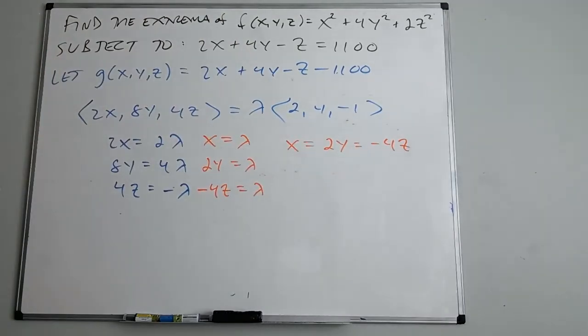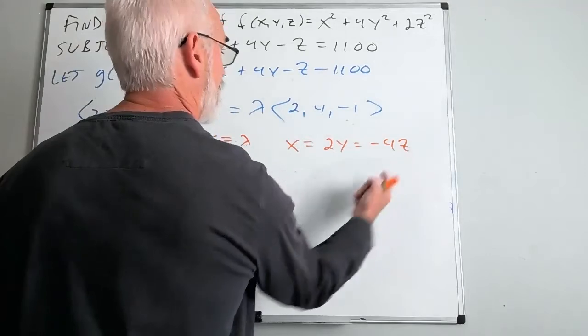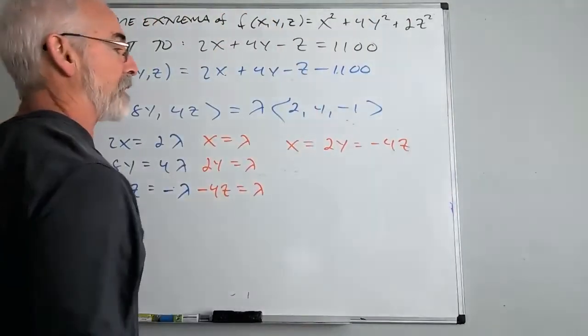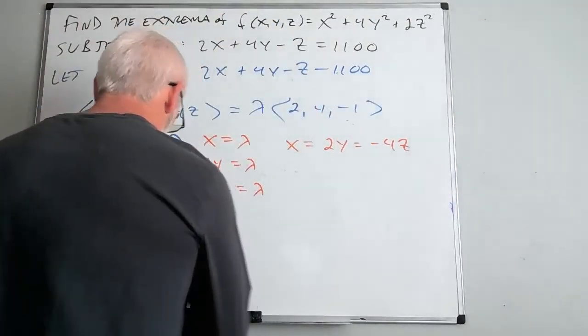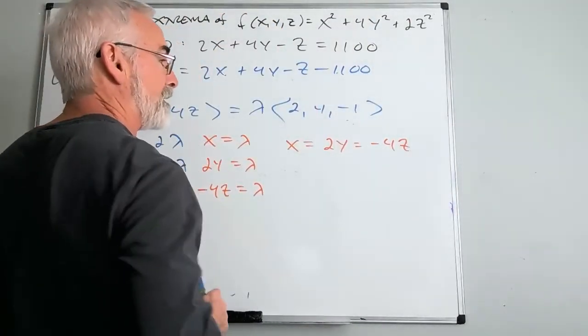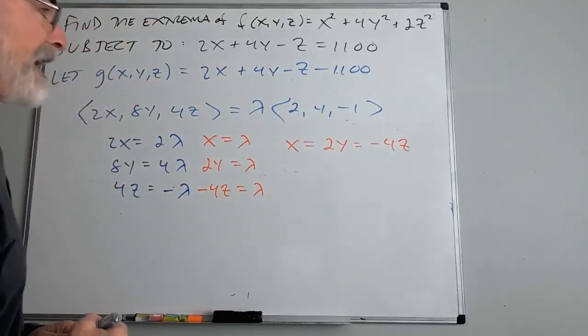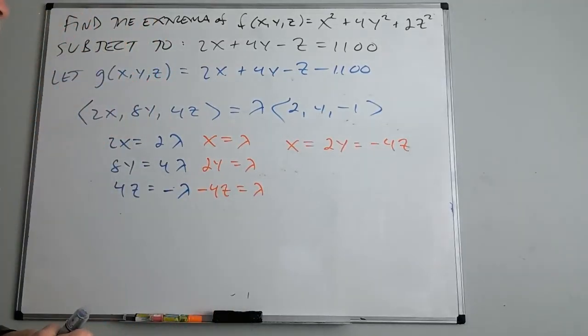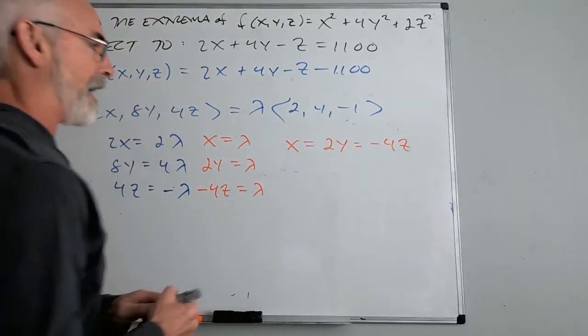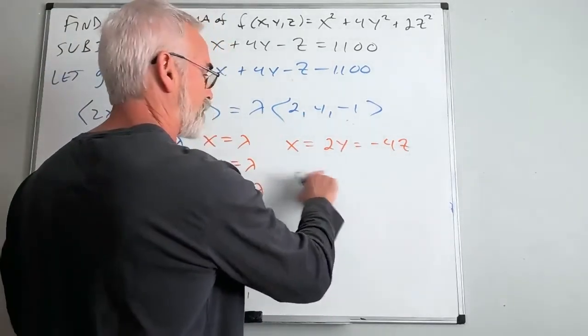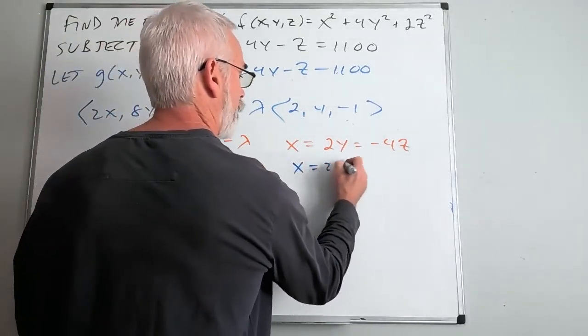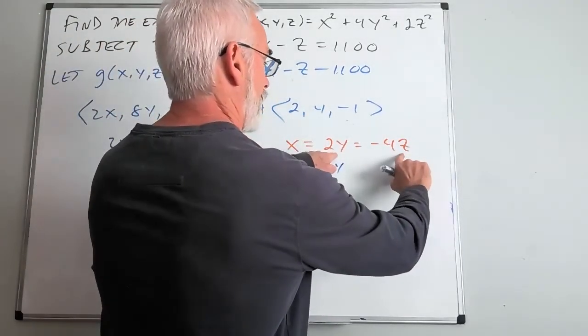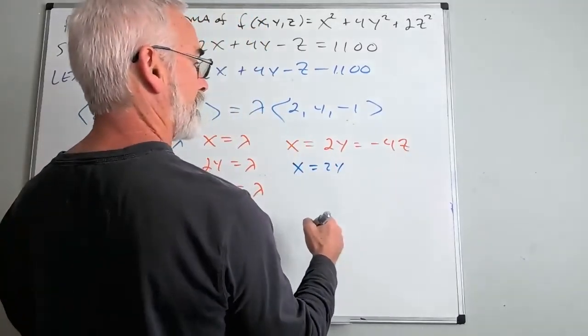Beautiful. And by the way, I still don't know what the value of lambda is. But if I use this information here, I may be able to substitute back in there. The way I probably would be inclined to do this one is I would put everything in terms of y. Here's why. I can write x equals 2y.